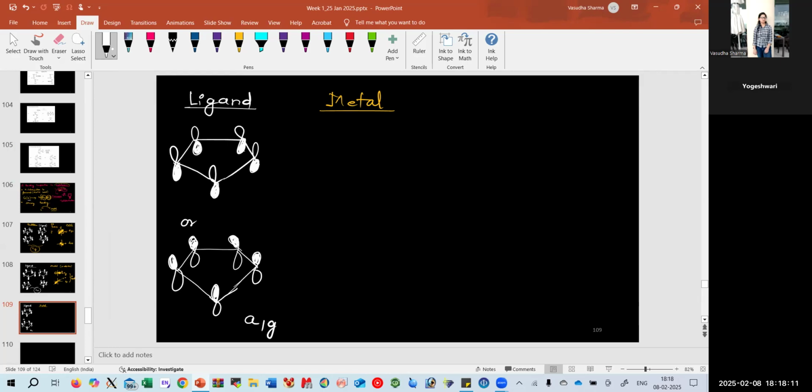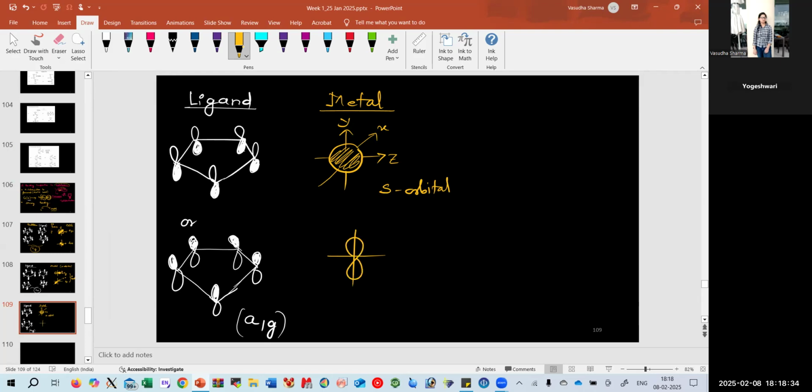So this is called A1G, and A1G makes a bond with PZ. This is your S orbital, or it would make a bond with DZ square.